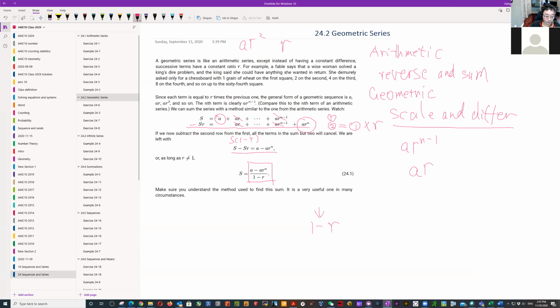And scale, you also remember it because it's multiplied by R, so 1 minus R is in the denominator. Then the numerator is just all about what's left of this whole operation. The first term will survive because after you scale, the first term shifts to the second term, so it only cancels the second term.